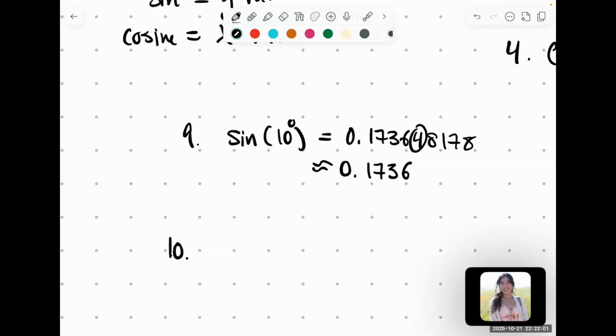Let's do one more. But this time we're going to use radians. So let's do cosine of 1.56. I'm going to change it on our calculator back to radians.